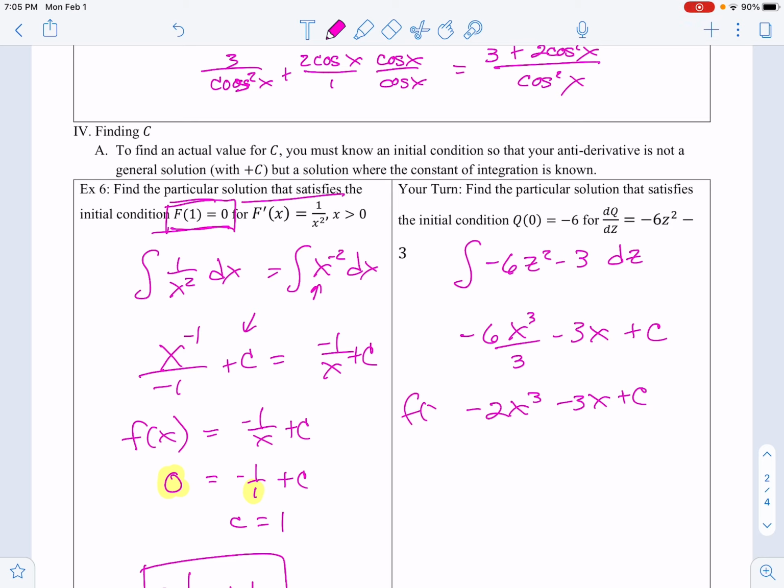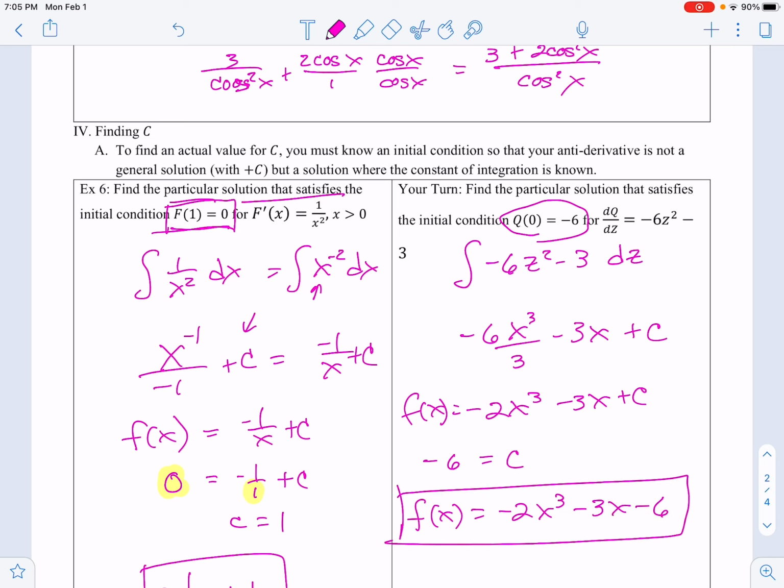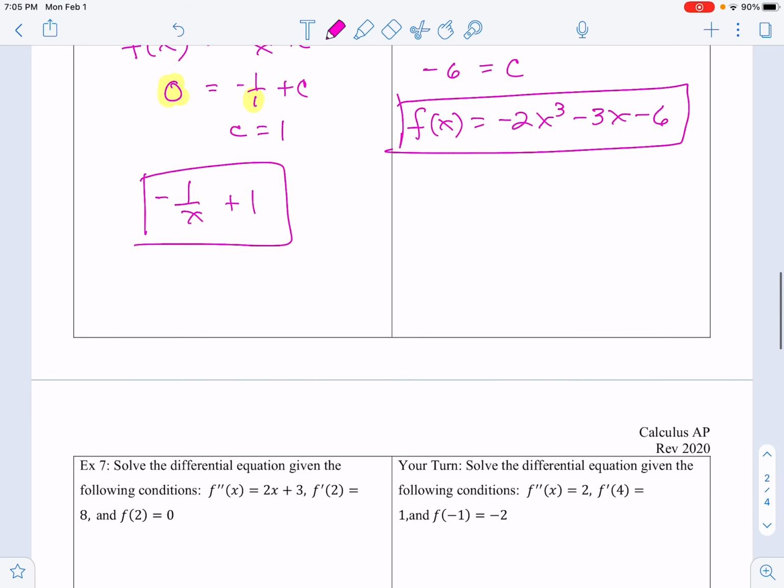That's f of x. They told me when I plug in 0, I get negative 6. So now my particular solution is negative 2x cubed minus 3x minus 6, and that's the answer. You need to know how to do particular solutions on your homework. Okay?